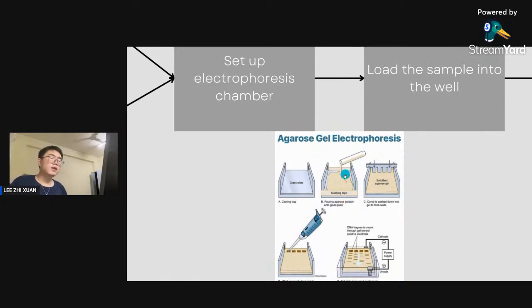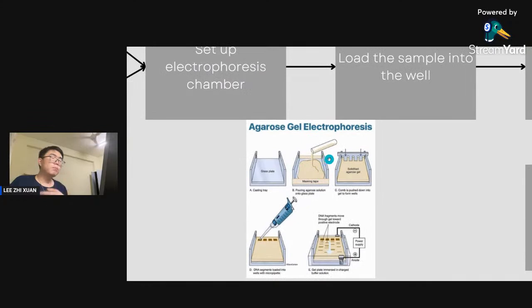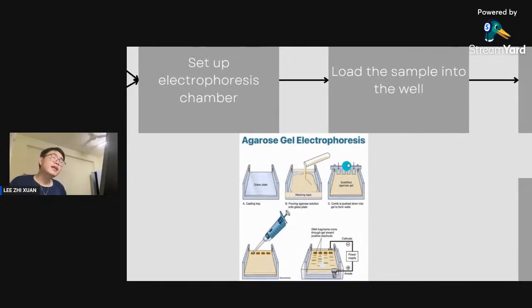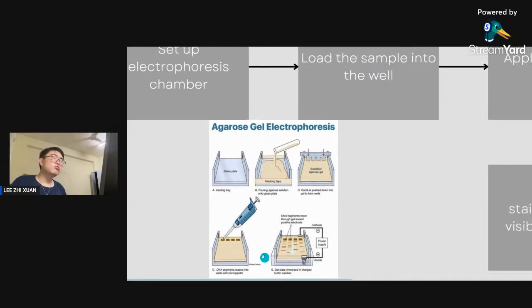So for horizontal, after you set up the electrophoresis chamber, including pouring the gel into it, you do the sample loading. You have to load the sample into the well.